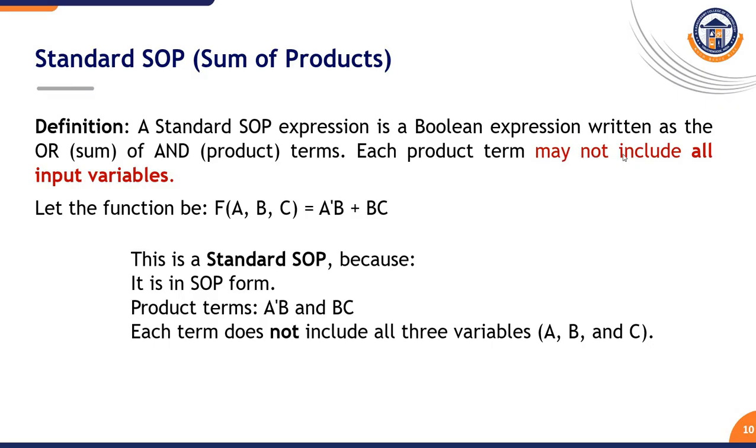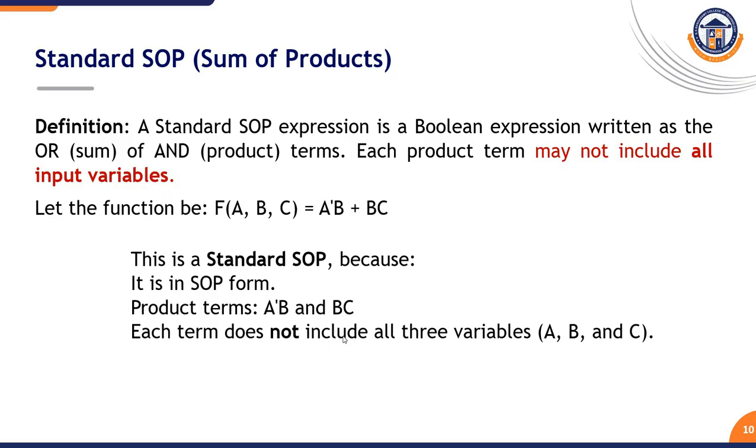Each product term may not include all input variables, called standard SOP. Say for example, if this is the sum of product form, it can be represented by the Boolean expression A dash B plus BC. This is standard SOP, and we have the product terms A dash B and BC.